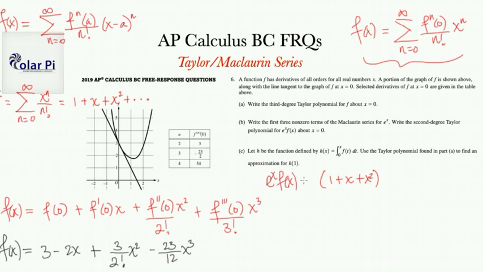Well, we already wrote down e to the x, and then for f of x we can use what I have in black. I could write 3 minus 2x, and then plus 3 over 2 factorial, and then x squared, but I'm going to stop there, and I'll explain why. Because they're asking us for the Maclaurin series for this function, and it's the second degree that they want.